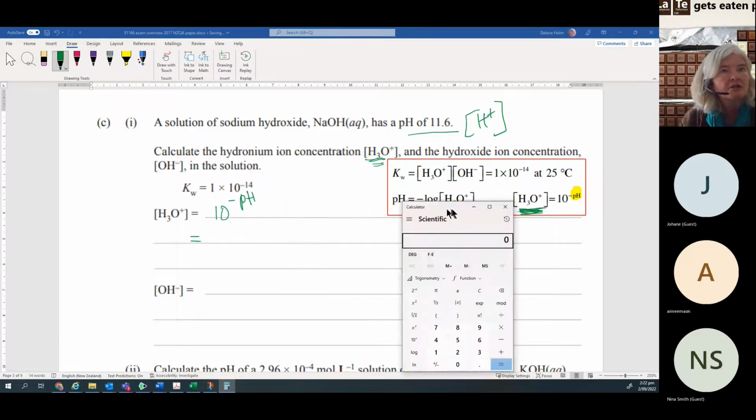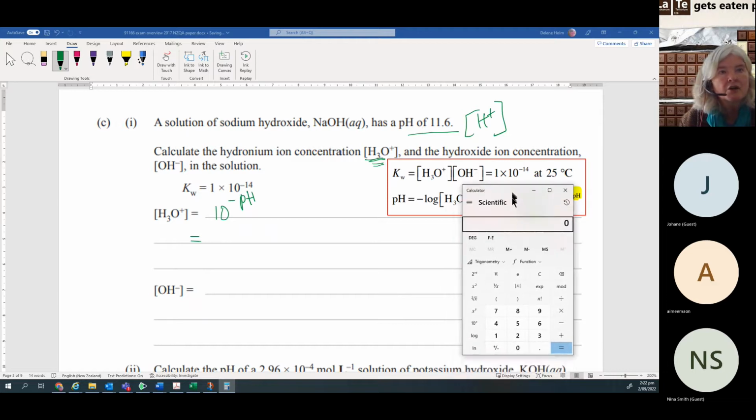So pretty much, let me just dump it over here. You're going to have the entry log, so it's going to be 11.6, and I've got to make it negative, so plus minus, and then 10 to the x.